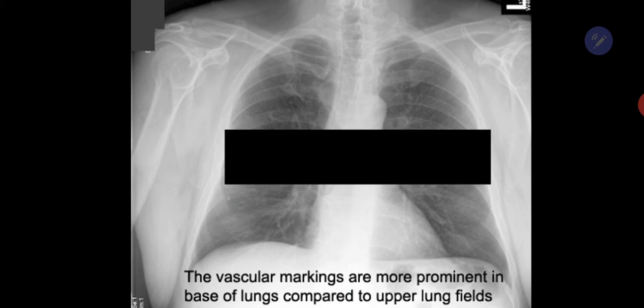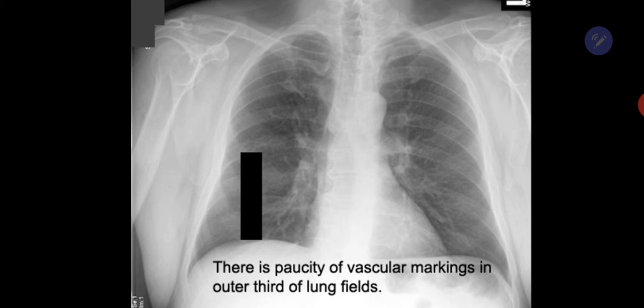If you can see in this image, this is the division, and this is the upper lung field, and this is the base, and you can see the vascular markings here are more prominent than those which are seen in the upper lung fields.